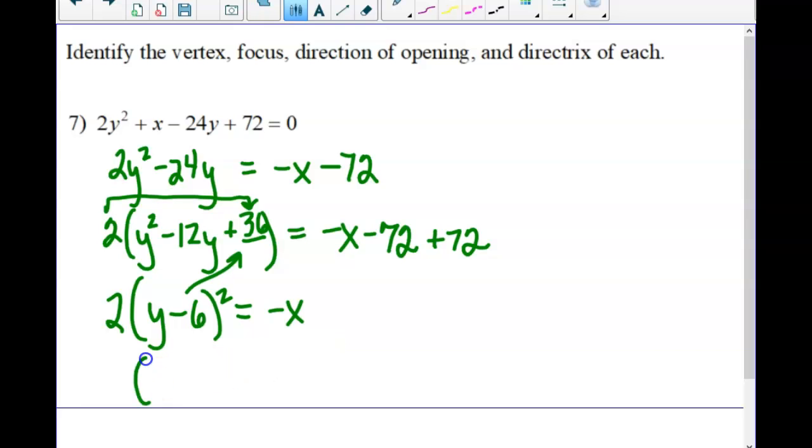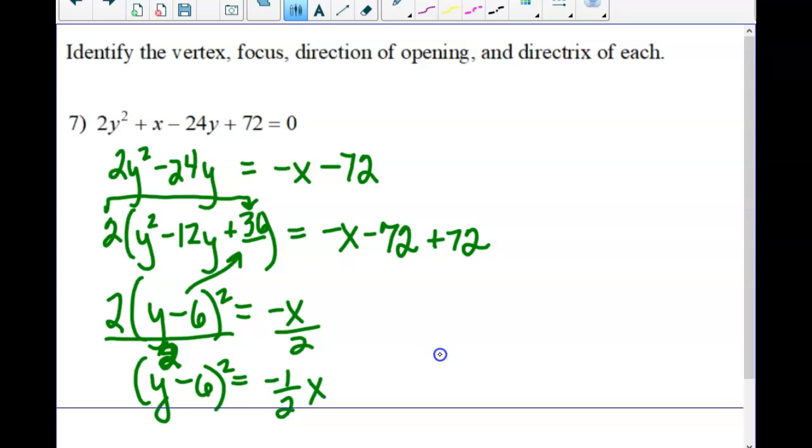But we don't want the 2 on this side, do we? We want the 4p to be on the other side. So if we divide both sides by 2, we get a -1/2 x. That was disgusting. All right, we'll work more on completing the square and writing equations.